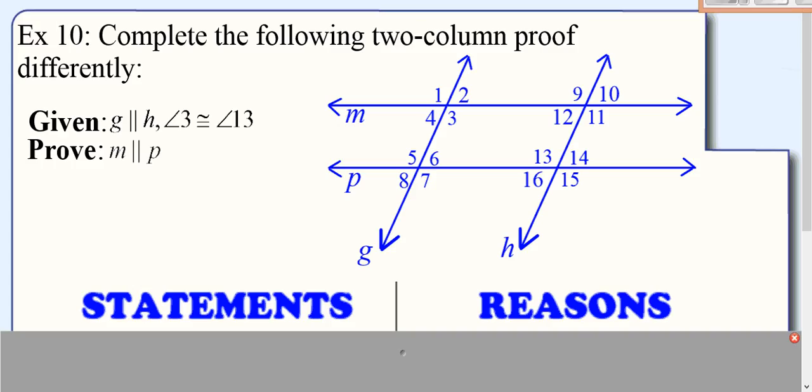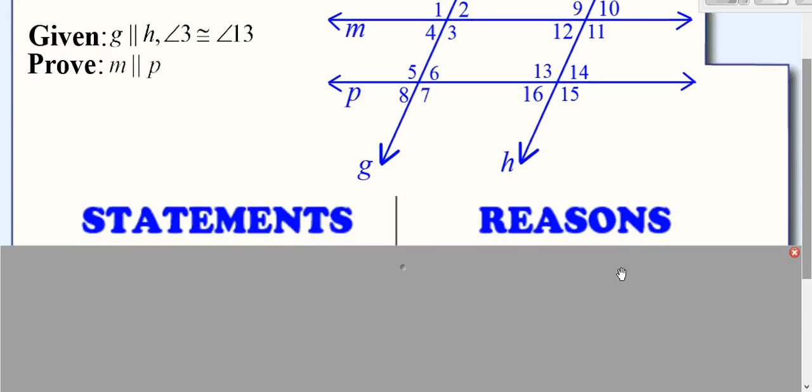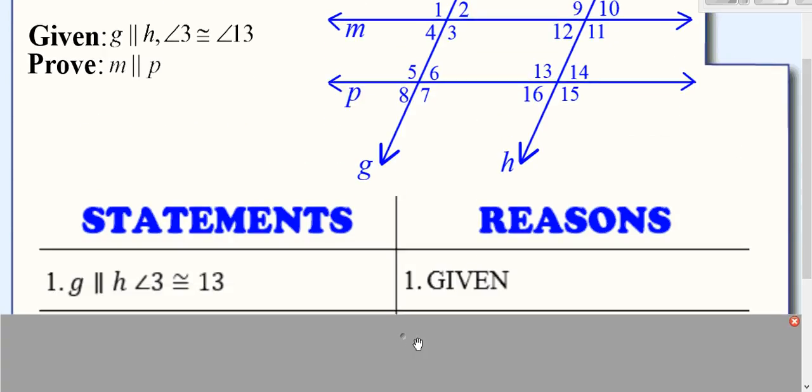So for this proof, we are going to start with the givens. So G is parallel to H, and angle 3 is congruent to angle 13. They're both given. You can squeeze them both in one line. Sometimes you can do 2. So angle 3 is congruent to angle 13.